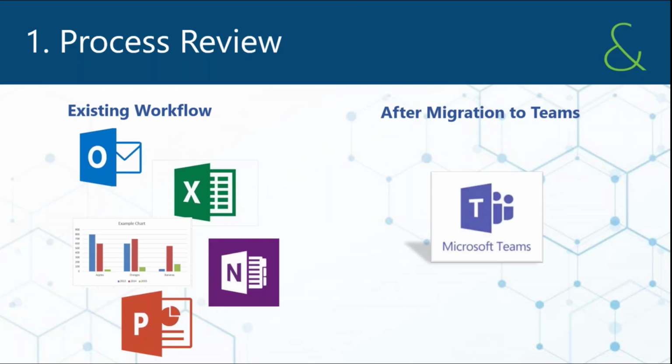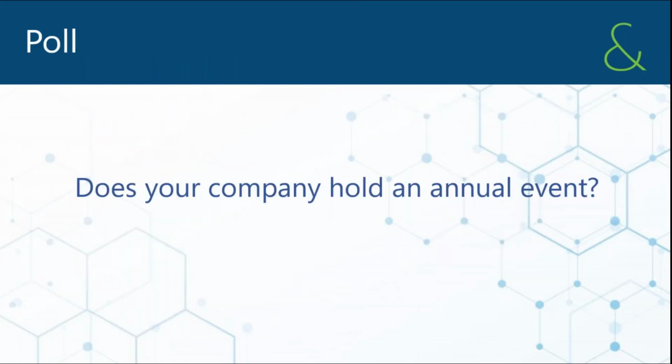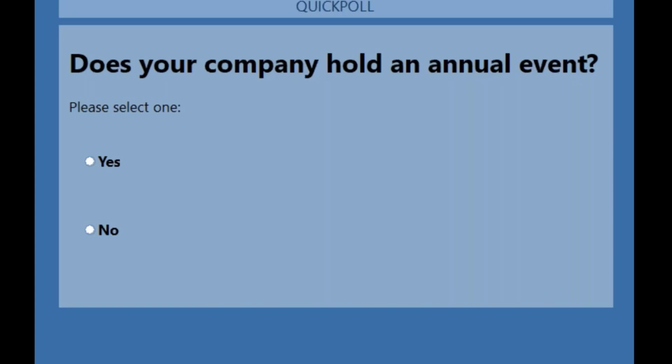All right, time for our first poll question. Does your company hold an annual event or a quarterly event, or some kind of event that happens, maybe not monthly, but there's enough time in between that the question comes back up: what did we do last year?